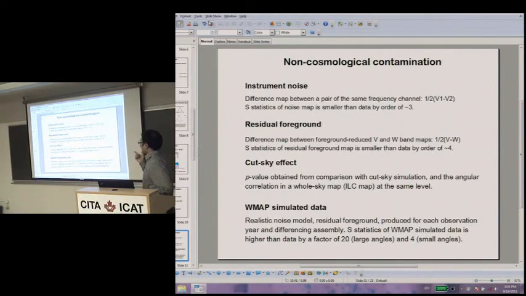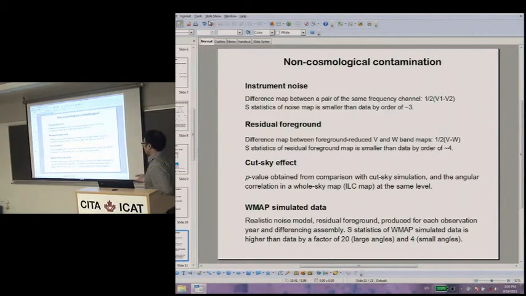Now, there's the instrumental noise. We checked this by repeating the similar investigation I mentioned before. We found the noise map is very small, and the statistic of the noise map is smaller than data by an order of 3, and the residual foreground by an order of 4. The cut-sky effect is included in the simulation, and the angular correlation in the full-sky maps is at the same level.